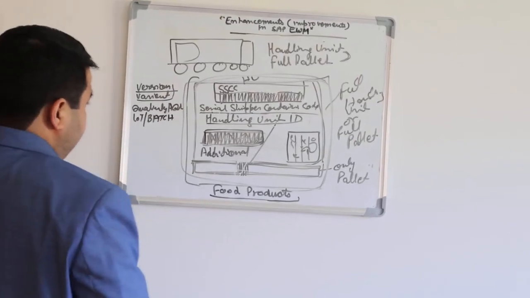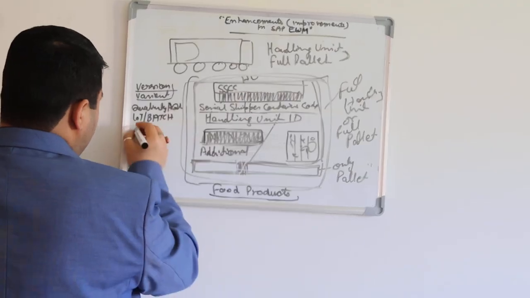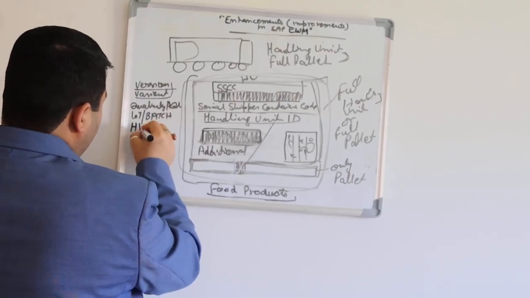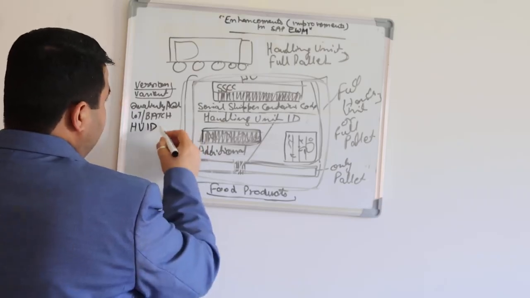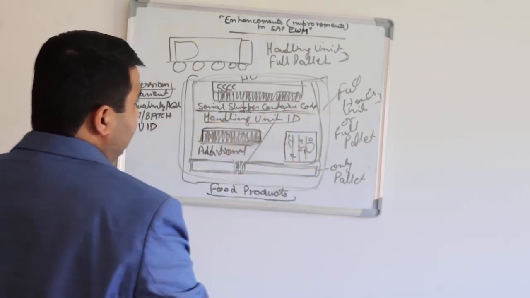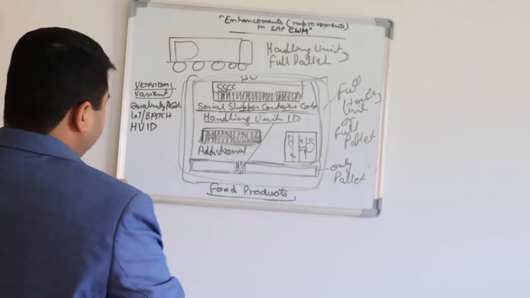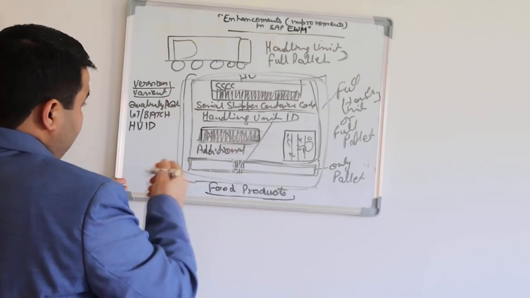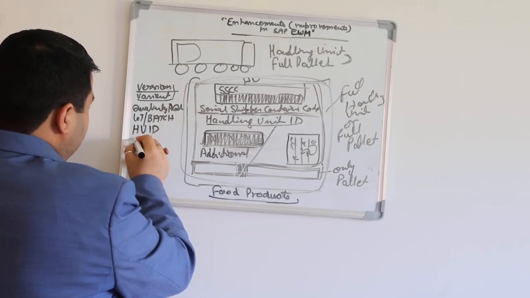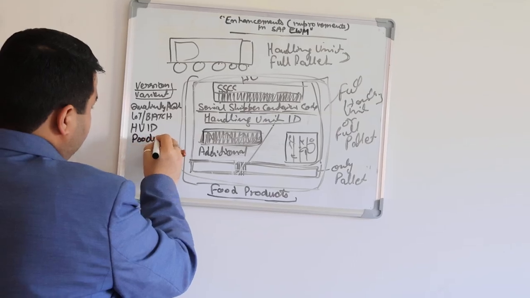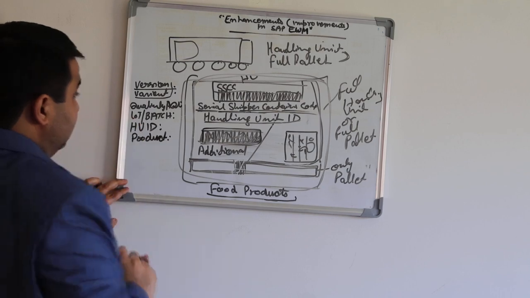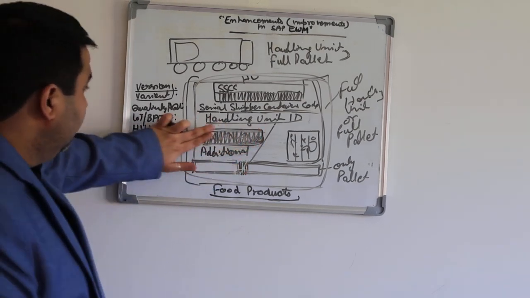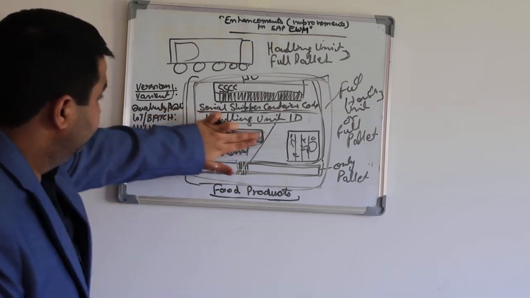Also we have the handling unit ID, HUID, which is nothing but the SSCC container code. Here we have the product or material. All these things are inside this one barcode.